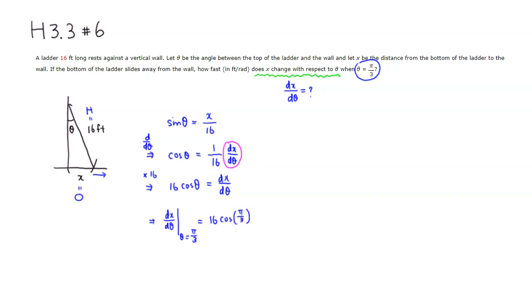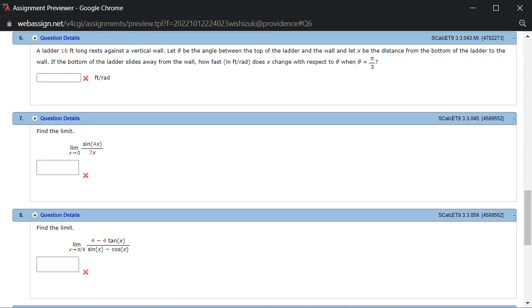Cosine of pi over 3 is 1/2, so 16 times 1/2 is going to be 8. So the answer is 8. So type it in: it's 8 feet per radian.